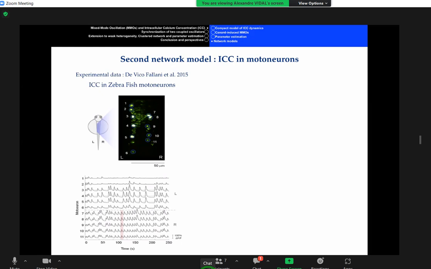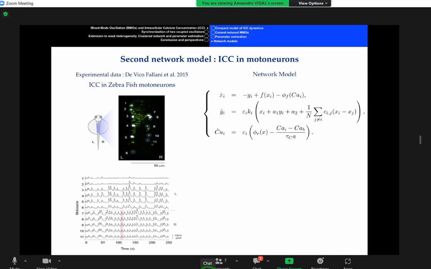And as you see, in the left and right cluster, the neurons are perfectly synchronized. But on the other hand, between the left and right cluster of motoneurons, you have perfect antiphase, meaning that you cannot have synchronization of peaks of ICC between neurons with one in the left cluster and the other one in the right cluster.